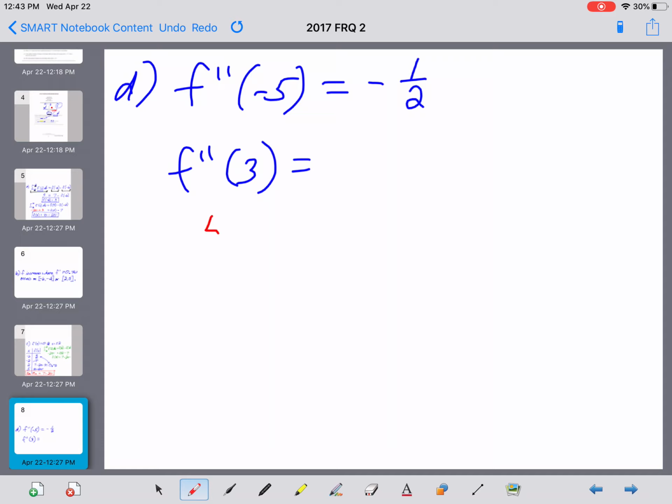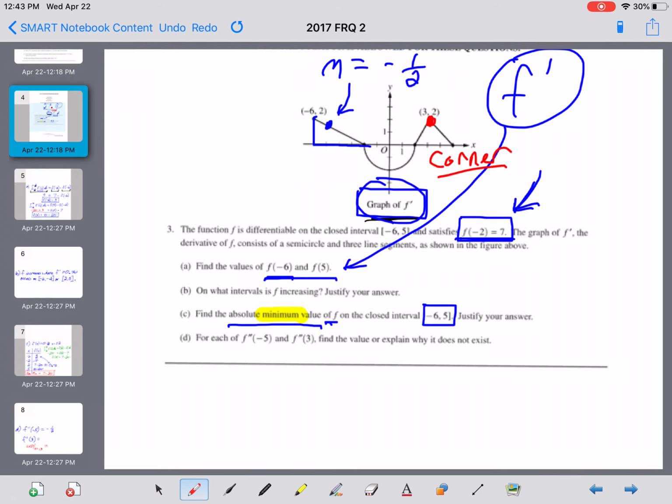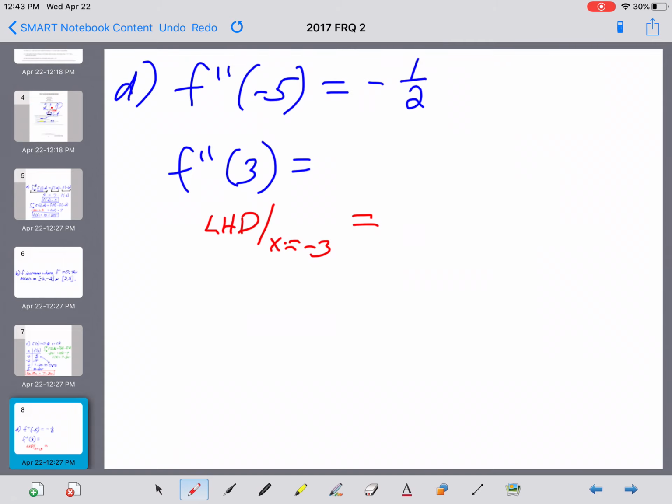I'd probably say that our left-hand derivative evaluated at x equals 3 would be equal to, and let's take a look at what's going on. If we drew the left-hand tangent ray that looks something like this, we've got a linear function that's going 2 units down and 1 unit to the left. So our slope would be -2 over -1. The left-hand derivative would equal 2.